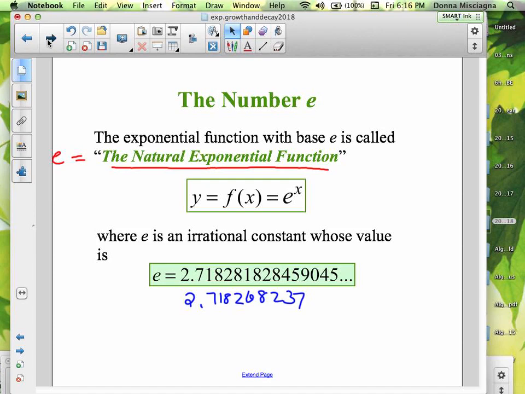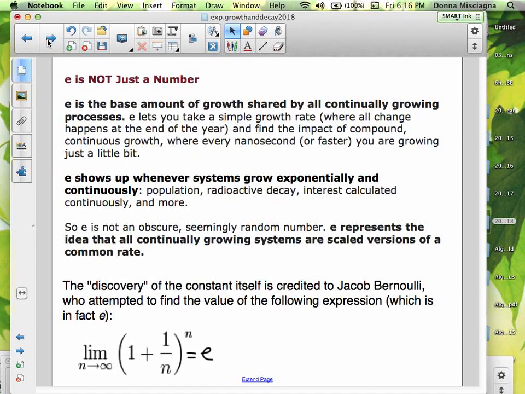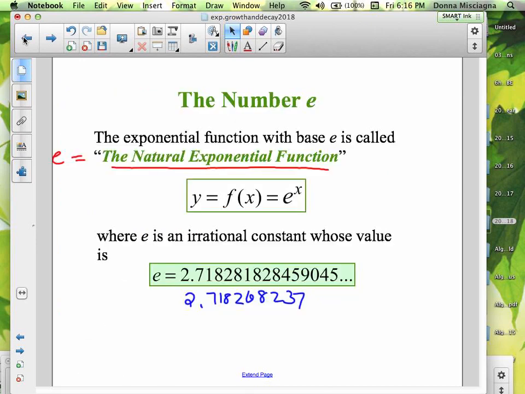Oh, and by the way, let me go back to the other slide real quick. I want you to write this down, all right? You don't have to write all the decimals down, but you should have an idea of what e is and its value. So write down in your notes, before I go over how important e is, 2.71828.